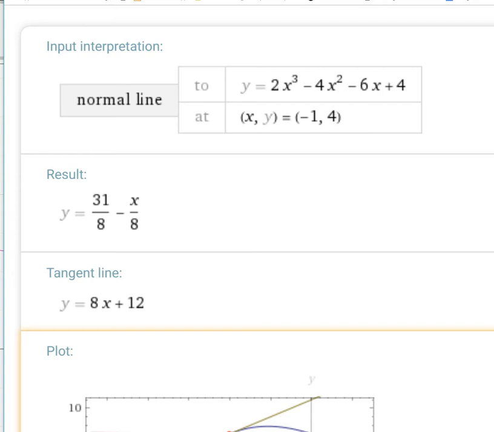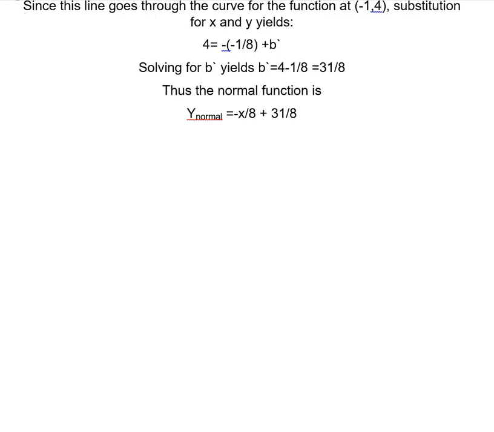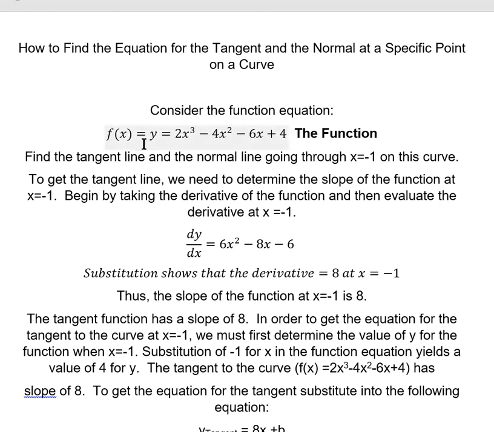So to review, we started off with the function y equals 2x cubed minus 4x squared minus 6x plus 4. And we wanted to find the tangent equation and the normal equation at x equal minus 1. We found the y value at that point, and it was 4. So minus 1, 4. And every curve has a tangent at a point and a normal at that same point. We found the derivative and plugged in minus 1 and got the slope.